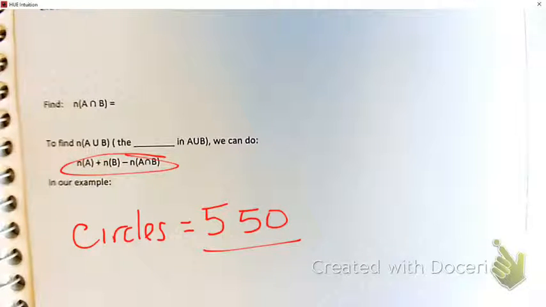And so that was the answer. What it's telling you is that before you subtract off that 40, you could add the number that had A, and then the number that had B, and then subtract off the number that they have in common, and that would give you also the 550. That's another way to do it. So the 450 doesn't even matter.